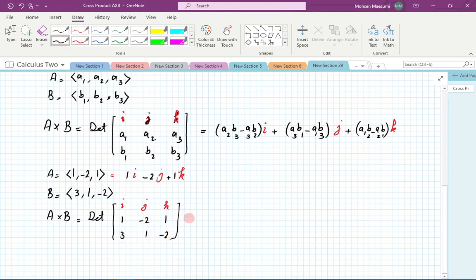Out comes a vector which has 3 components, i, j, and k. So what is the multiple of i? The multiple of i is the product of these two numbers, minus 2 times minus 2, minus 1 times 1.